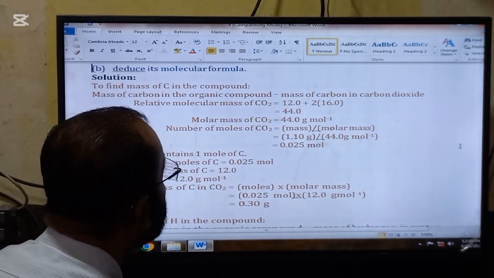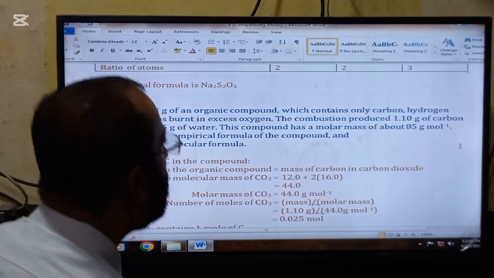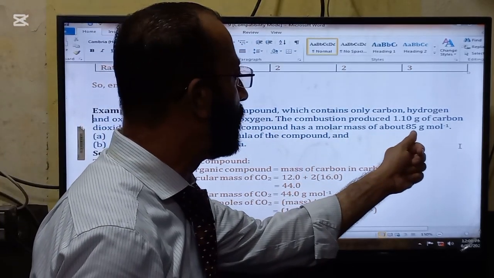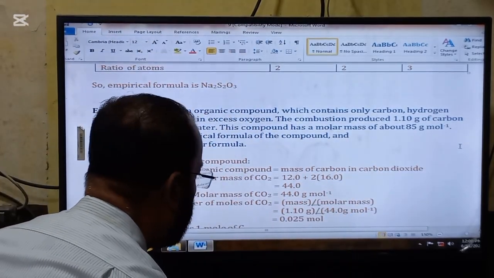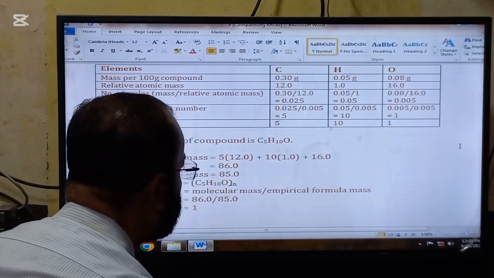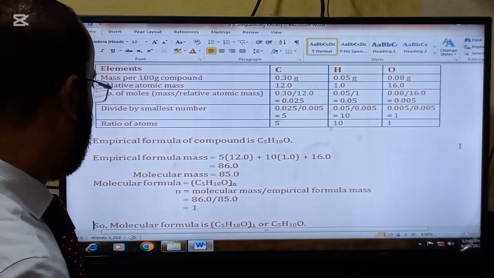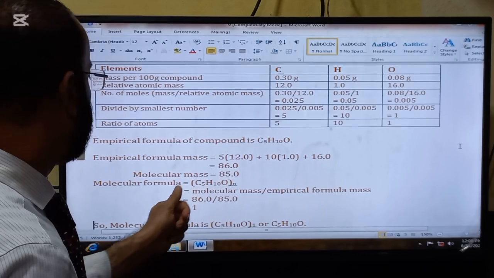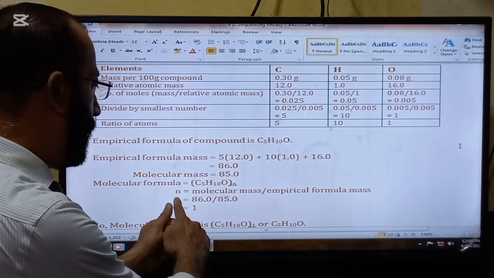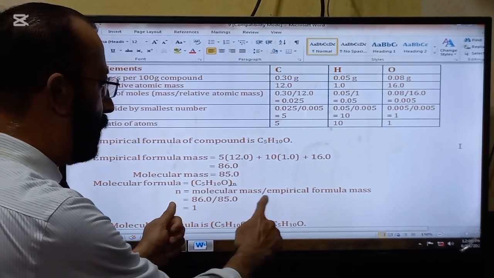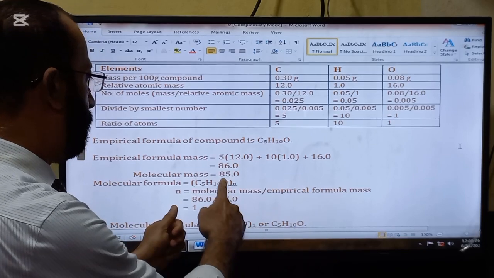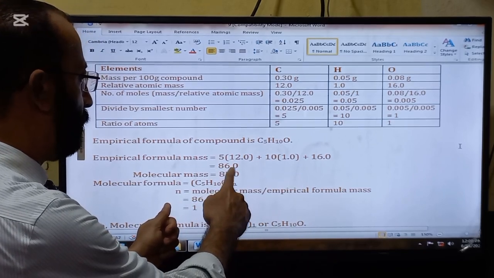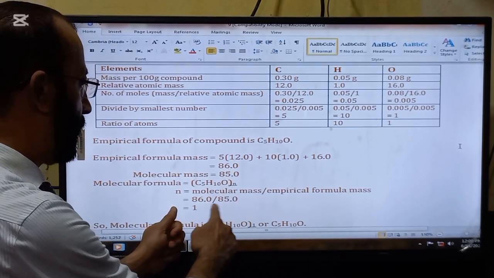Okay, look now, in the question the molecular mass is given, that is 85. So almost we are done. Now we will find n by dividing the molecular mass over the empirical formula mass. Molecular mass is 85, empirical formula mass is 86.